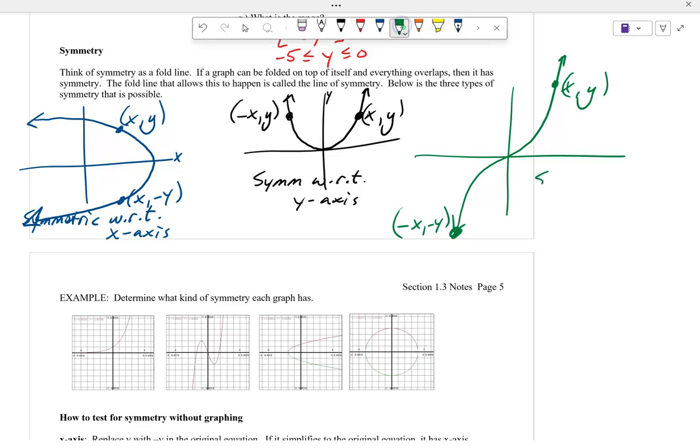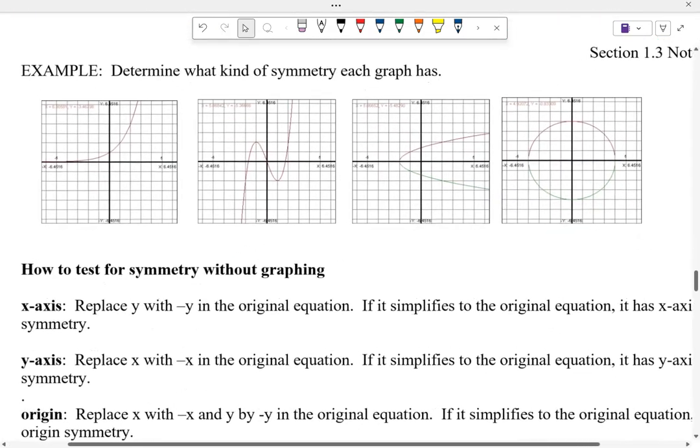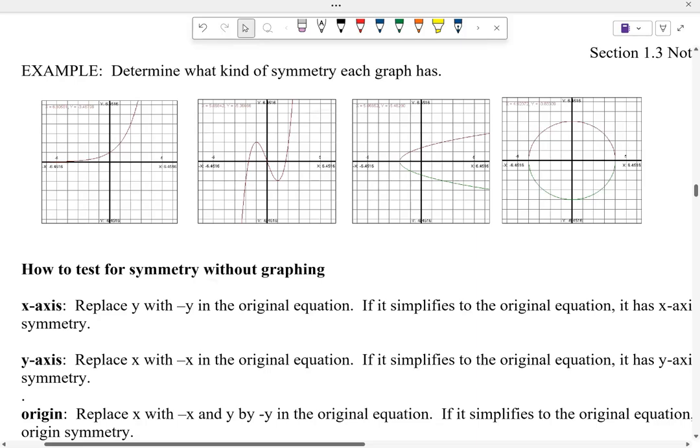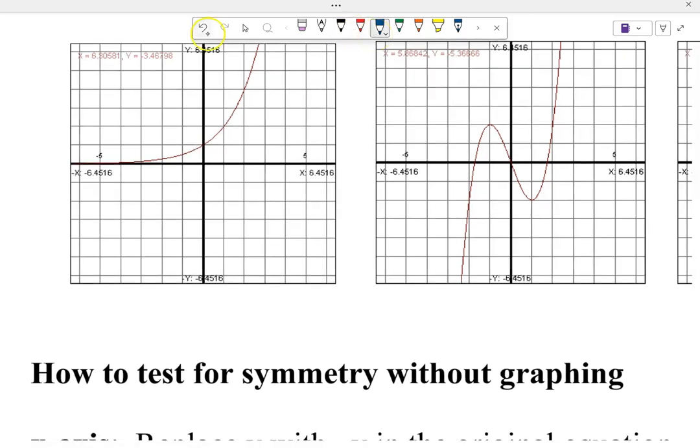I'm symmetric with respect to the origin. Okay? So let's look at these graphs down below and let's see which one they are. This first one here, I say, well, if it was symmetric with respect to the x-axis, I would be able to see, oops.